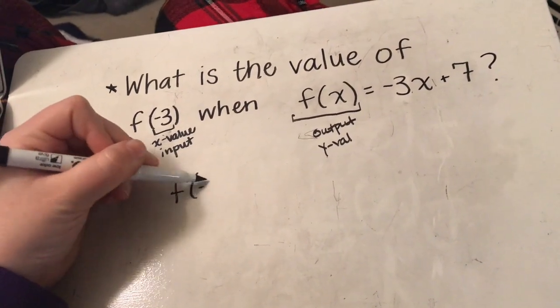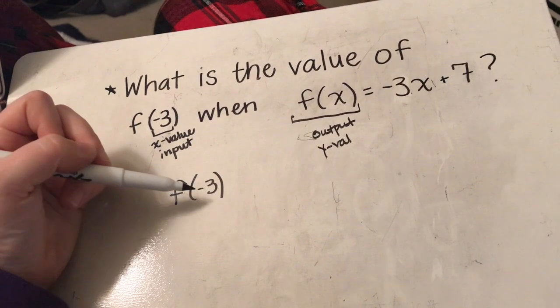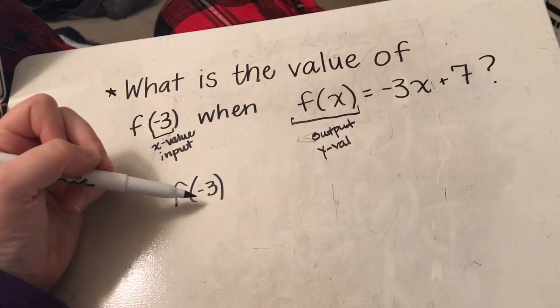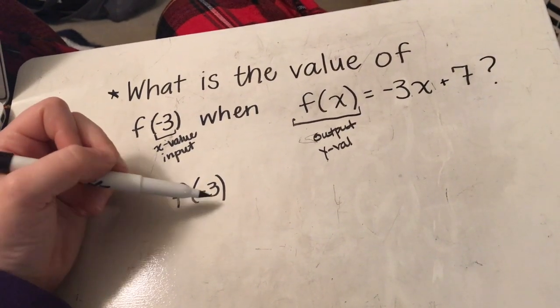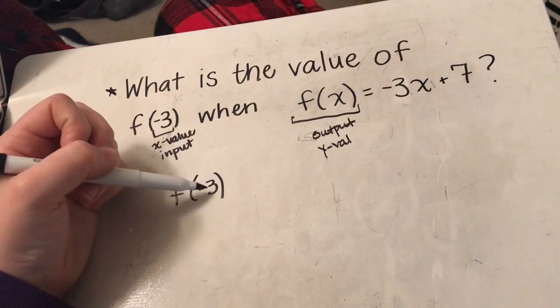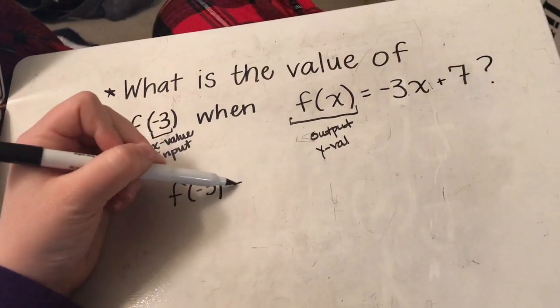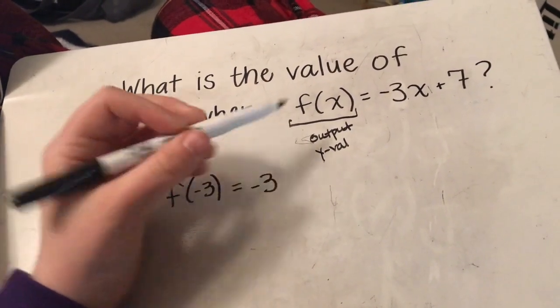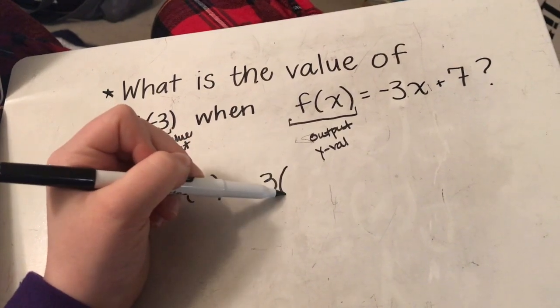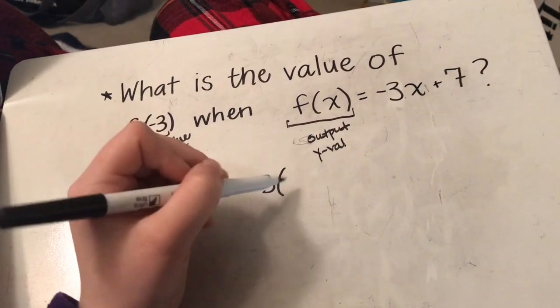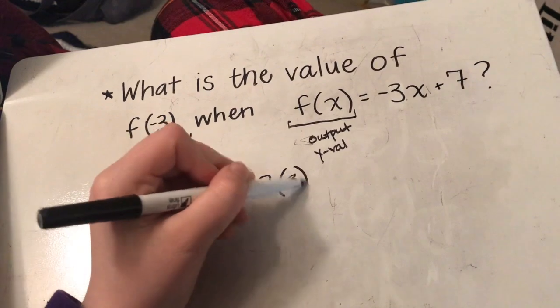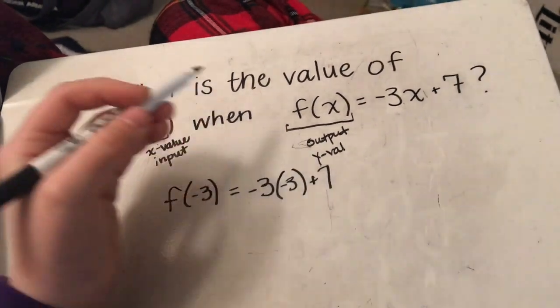F of negative 3. Every time we see the letter x, we're replacing it with negative 3. So f of negative 3 equals negative 3x. What is our x? Negative 3. Plus 7.